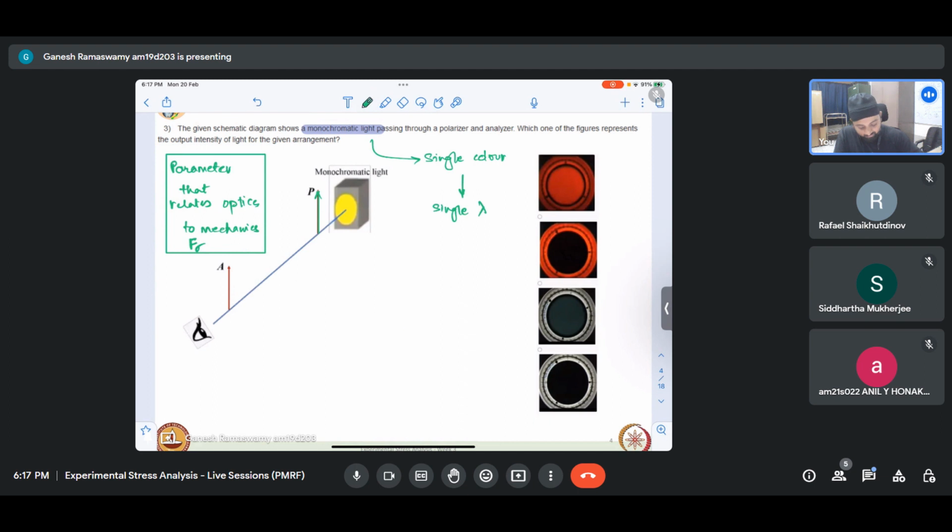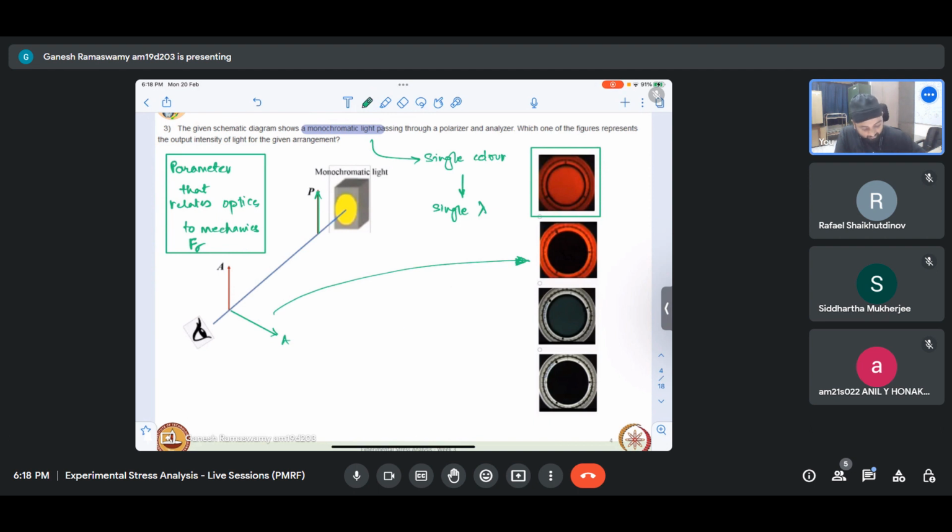So we can clearly see that since the entire light is passing through it, this happens to be what we will be observing. Whereas if we were to place the analyzer like that, that is crossed with the polarizer, then that will be tantamount to seeing this.